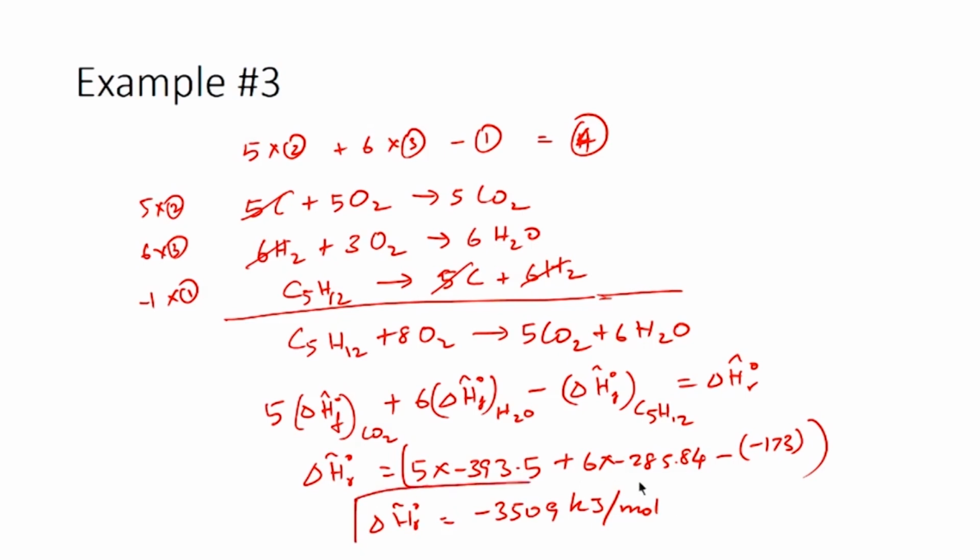So, this is the heat of reaction for the combustion reaction where N-pentane liquid is burnt to produce carbon dioxide and water liquid. So, with this we have seen how we can use heat of formation for performing calculations using Hess's law and identifying the heat of reaction for any given reaction.